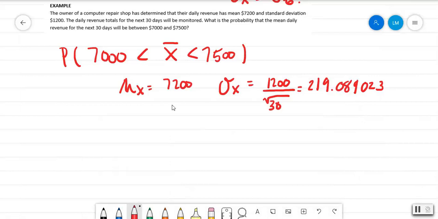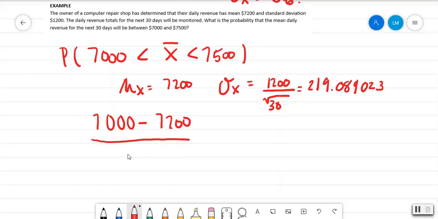Now the next step is that we need to find the z-score for these parameters, 7,000 and 7,500. For example, if we use 7,000 minus the mean of 7,200 divided by 219.089023, this is going to give me my lower bound.